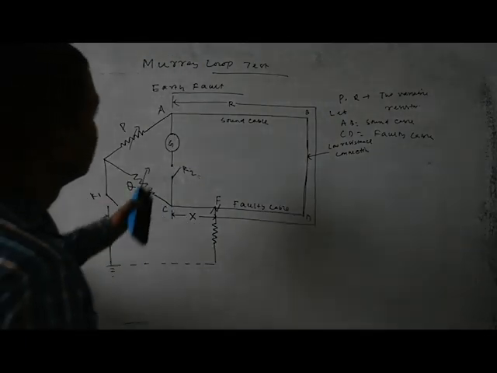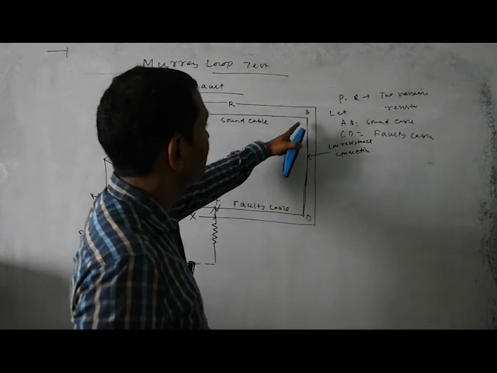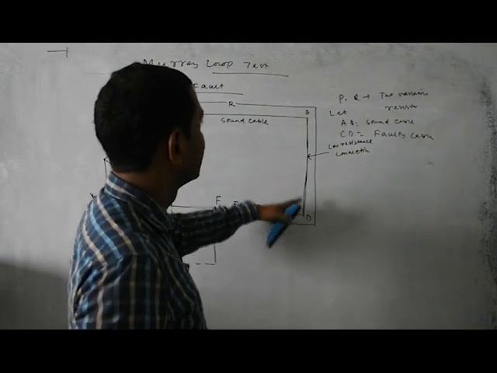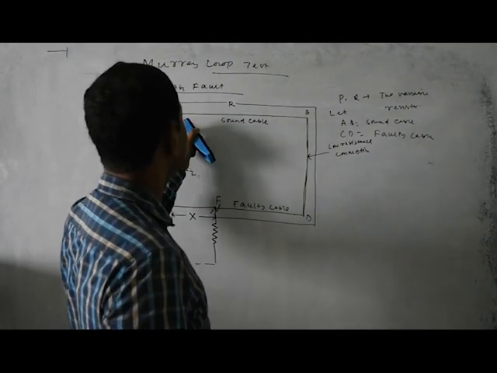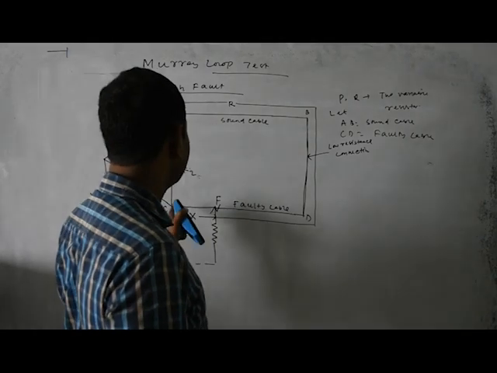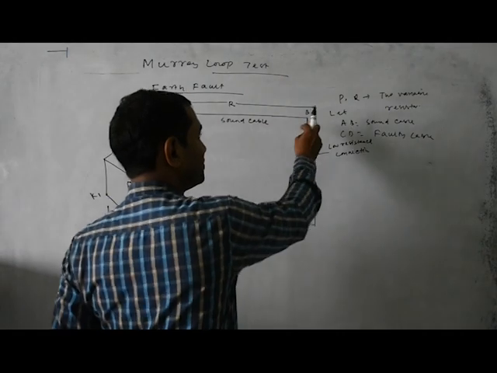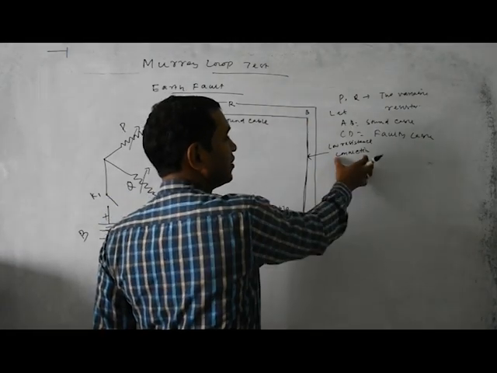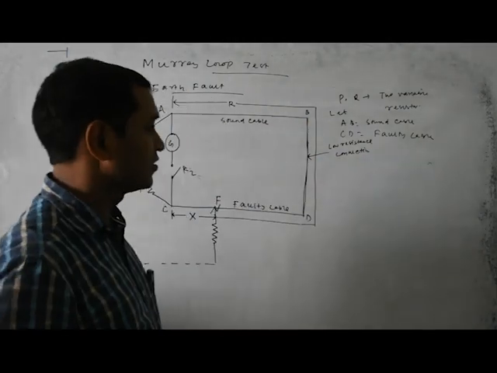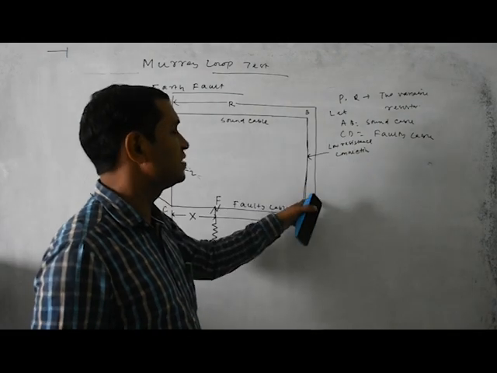Now B to D: B is the far end of the sound cable and D is the far end of the faulty cable. This B to D is connected by a low resistance connection. Its resistance is very low.